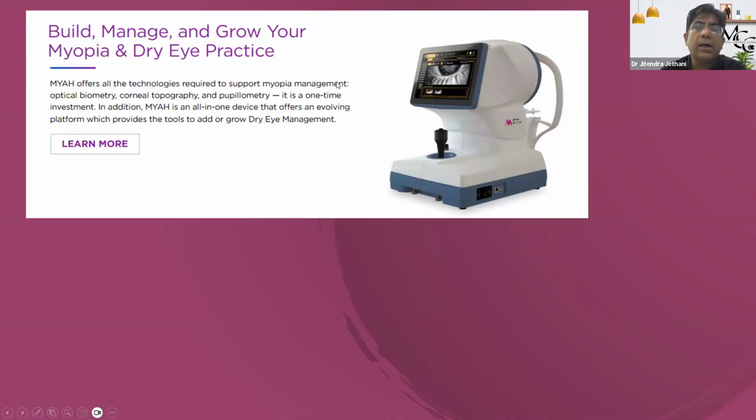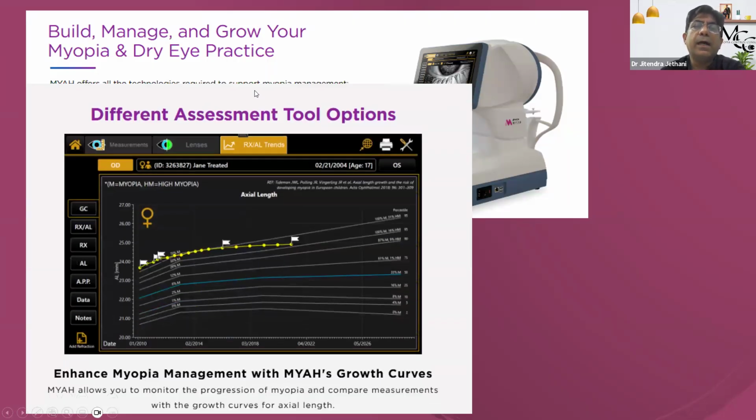See, this is another optical biometer with myopia management software, Maya. It will also give you tools for assessment. So basically this is all follow-up. The patient is coming for follow-up, it is getting mapped here, and it is also giving you a topography.